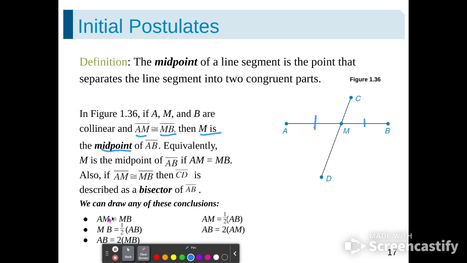We can say that the measure of AM is equal to the measure of MB. The measure of MB is equal to half of AB. AB takes two of these, because if we put those together, it would be two of them, and so forth. So we have these different relationships that we can then start measuring.